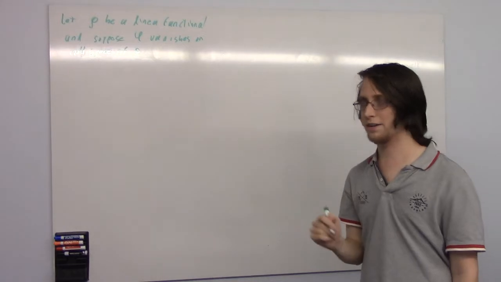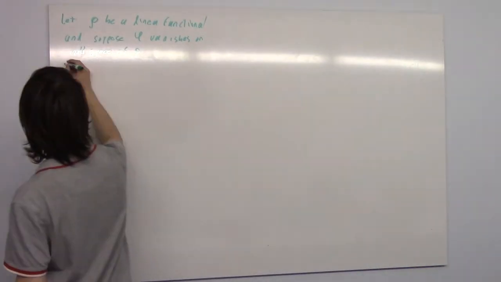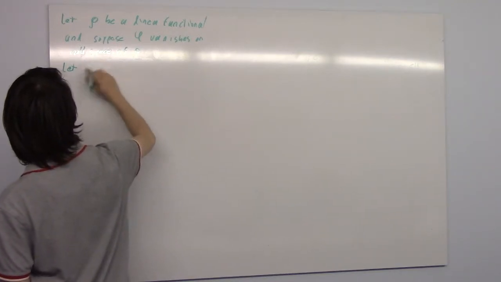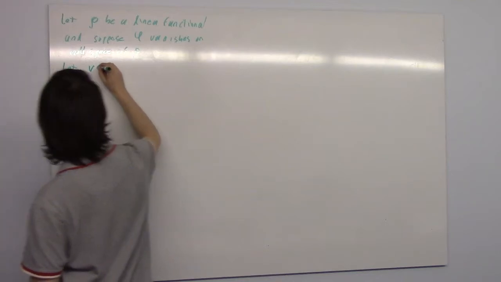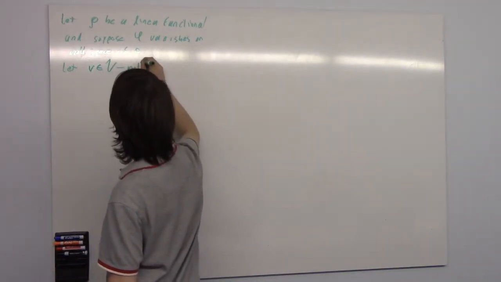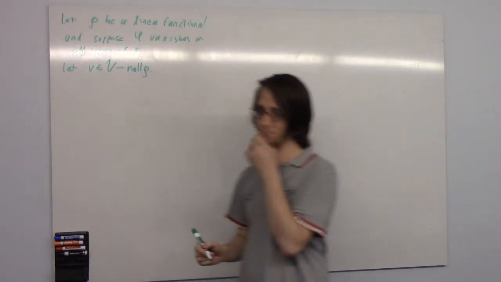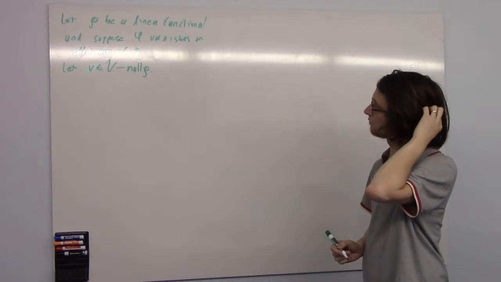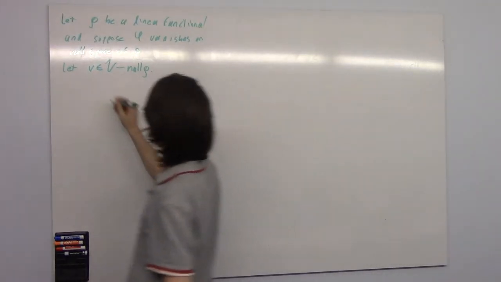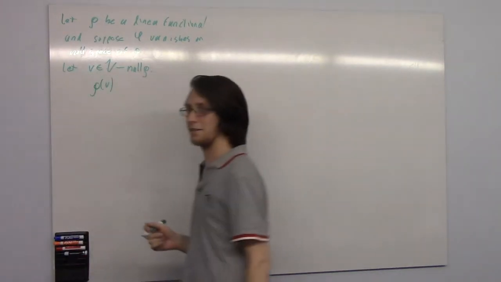Let's take one element not in the null space. Let V be an element of the vector space minus the null space of rho. Okay? Now, we know rho of V does not equal 0.